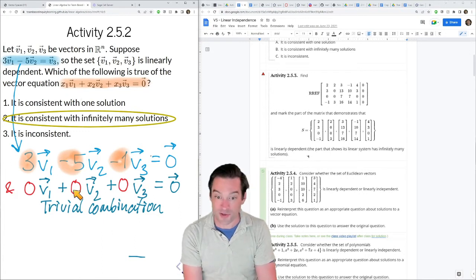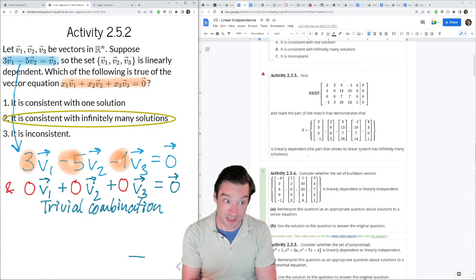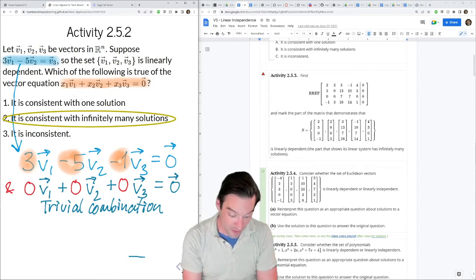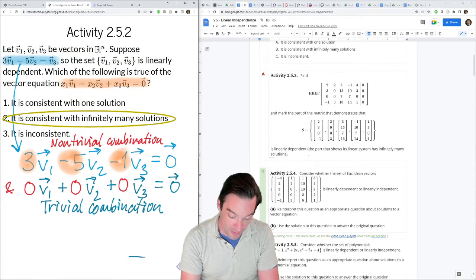Because no matter what vectors we put into a trivial linear combination, we're always going to get that trivial combination to equal 0. Right? And so that's not a very interesting case, because every set of 3 vectors satisfies this. But if I have a set of 3 vectors that have a non-trivial linear combination, well, that's when things are interesting. So a non-trivial linear combination equals 0. That's when we know that my vectors are linearly dependent.